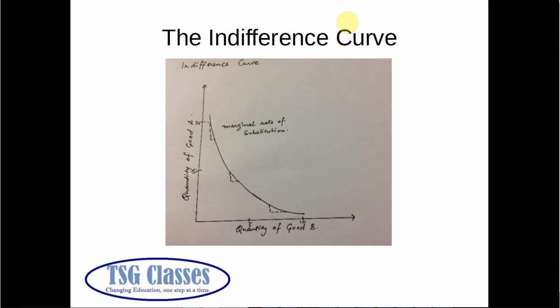Another model that tries to explain the choice that people have between two goods is the indifference curve. Say in your neighborhood, you only have a pizza store, so all you do is eat pizzas, morning, evening, afternoon, all you do is eat pizza.